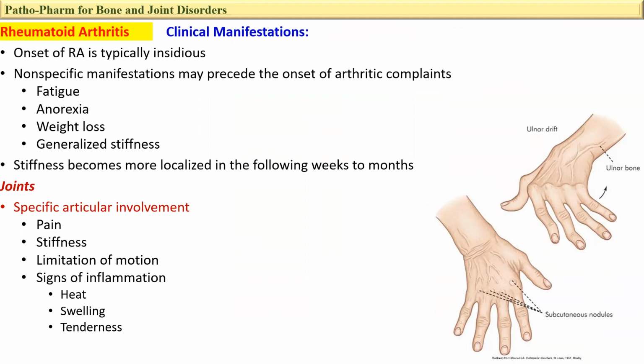And then the clinical manifestations, localized and systemic, like fatigue, anorexia, weight loss, generalized stiffness. Then the joints, localized, affecting just the joints: pain, stiffness of the joints, limited range of motion, and inflammatory signs and symptoms like heat, swelling, tenderness.